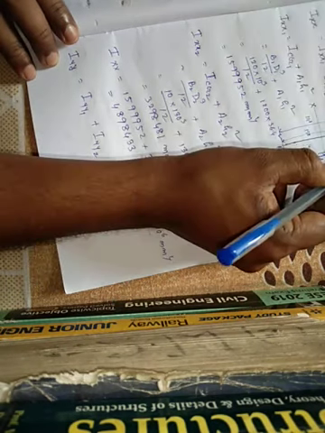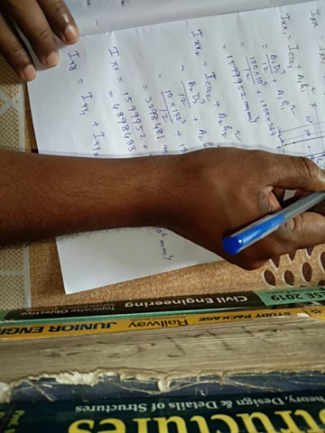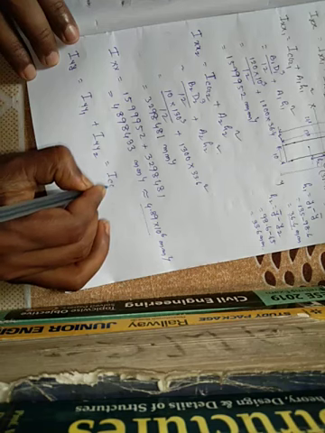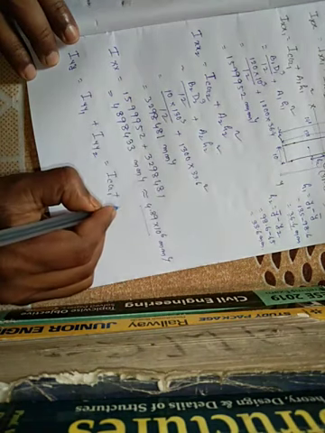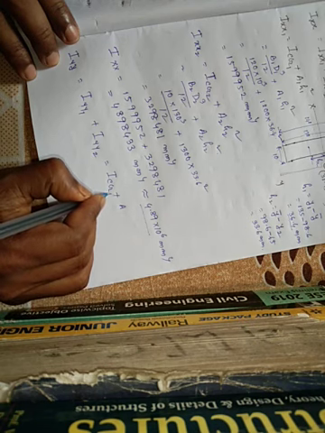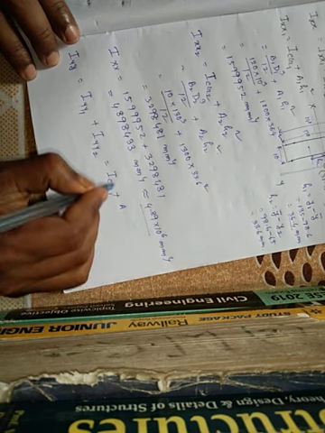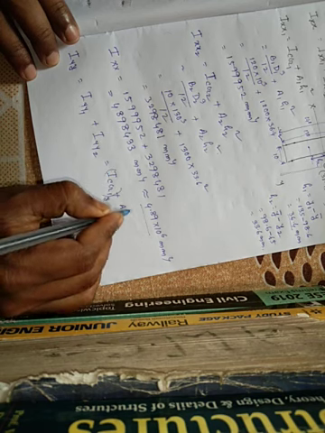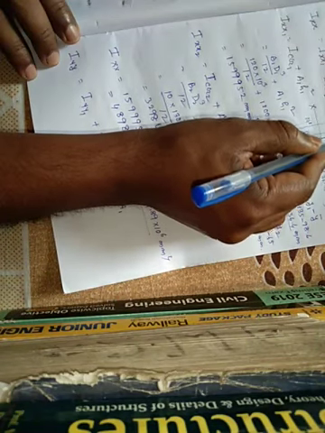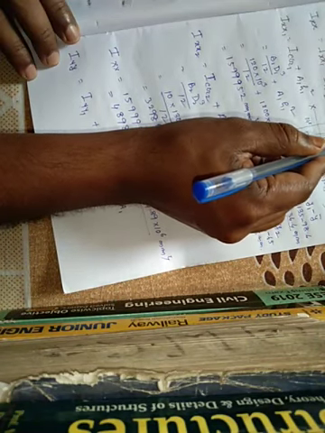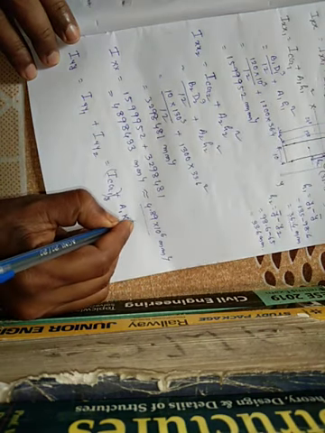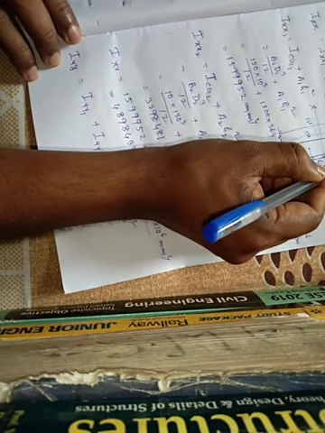Iyy1 for this section 1 is ICG1 about y axis plus area of the section 1 into k1 square.